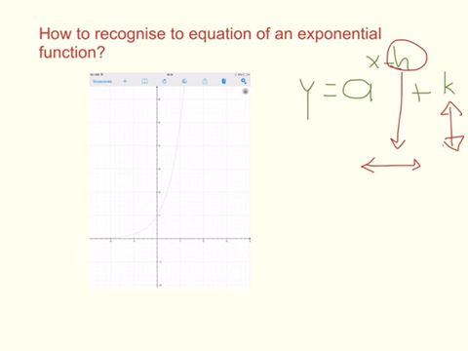So let's start with the vertical movement, which is the simplest movement. In this case, the first thing to notice for the vertical movement is to analyze where the horizontal asymptote is. So you first have to obtain the horizontal asymptote. In this case, the horizontal asymptote is at y equals 0, so there is no vertical movement.